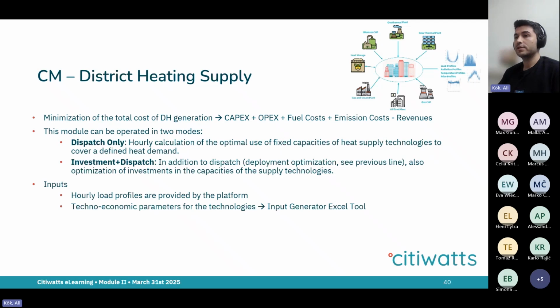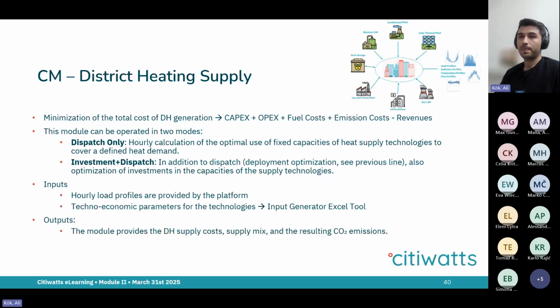The main inputs, we have some hourly profiles, such as load profiles, electricity price profiles, or some temperature profiles we use. On the other hand, we also have some techno-economic parameters used for these technologies. And we use this previously mentioned input generator Excel tool, which I will come to in a minute and explain in detail.